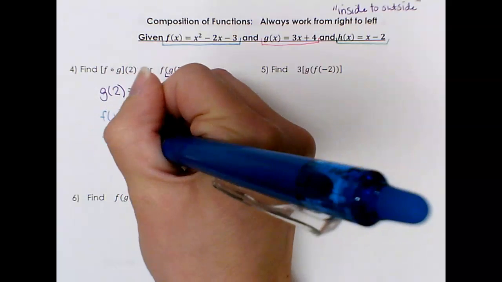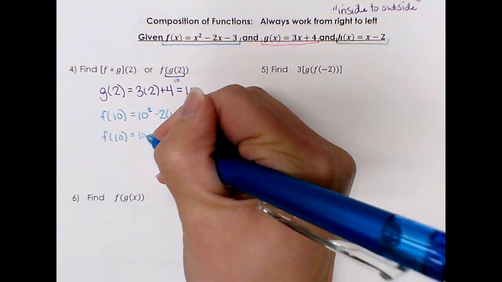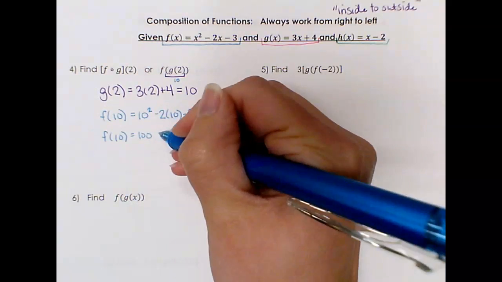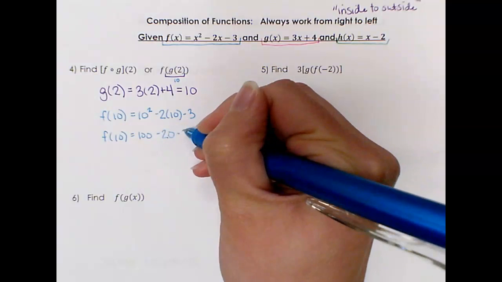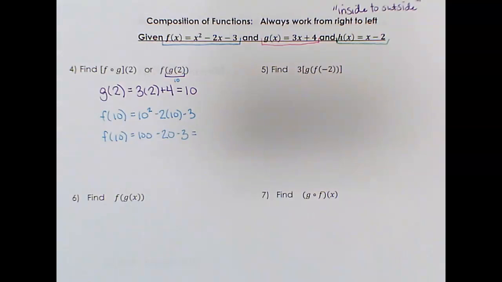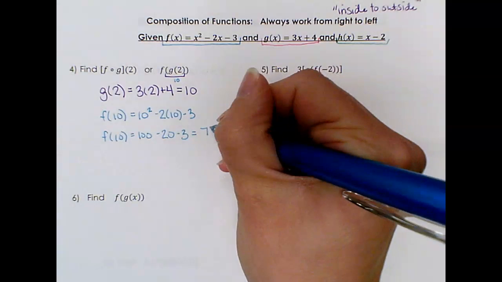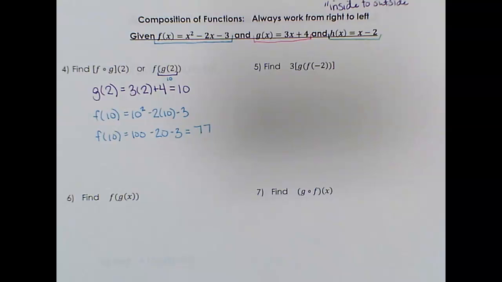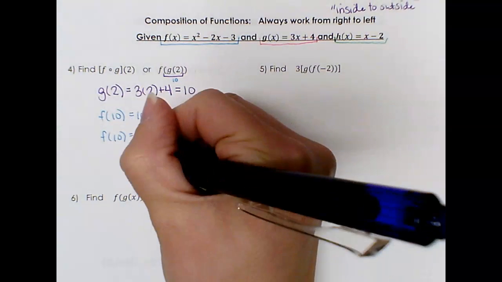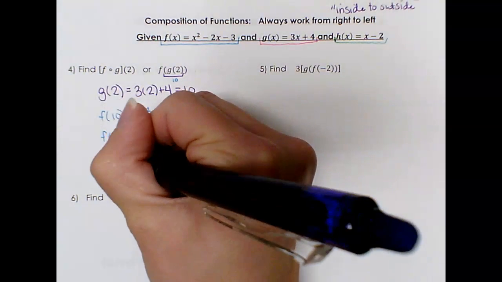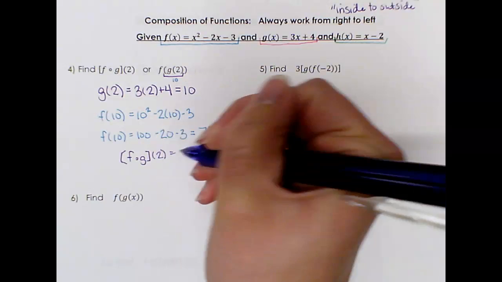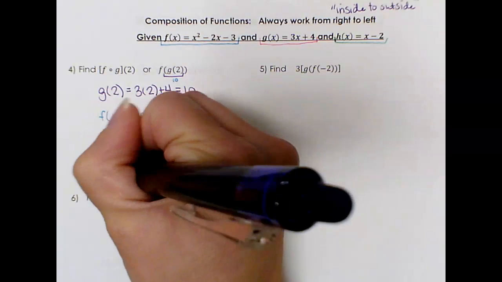F of 10 equals 10 squared is 100. 2 times 10 is 20, and then minus 3. 100 minus 20 is 80, and 80 minus 3 is 77. So I can say that f of g of 2 equals 77.